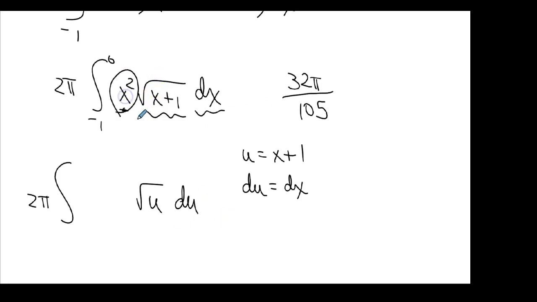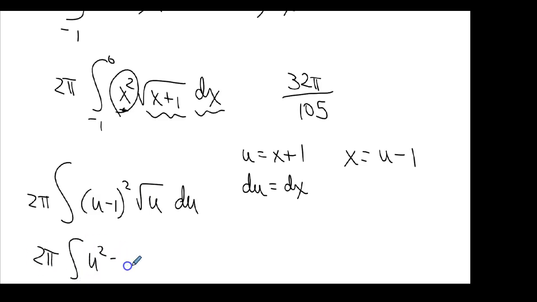What am I going to do with that? So x is equal to u minus 1. So then I have u minus 1 squared. Then I have to FOIL this out, distribute square root of u to get the thing I'm going to integrate.